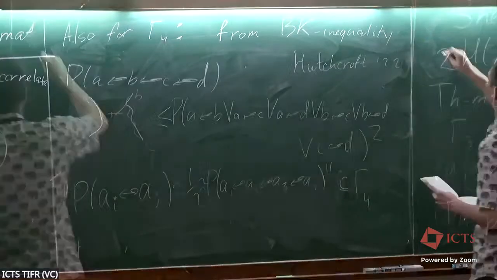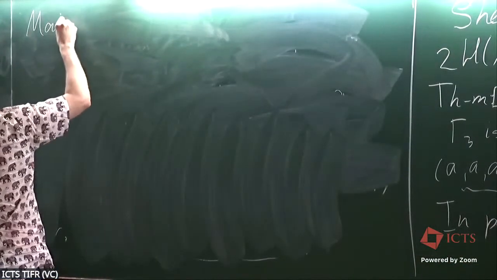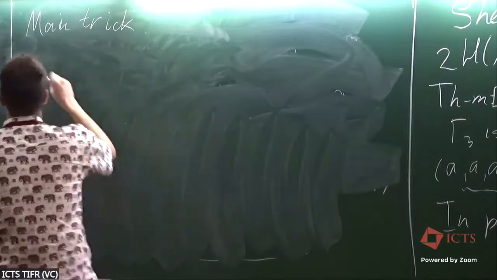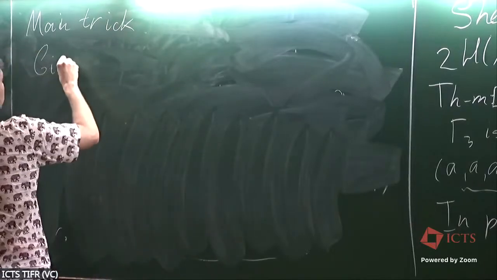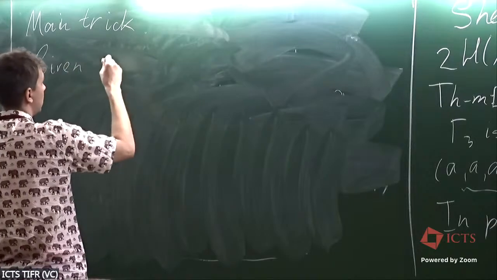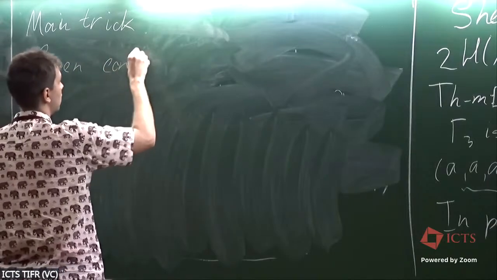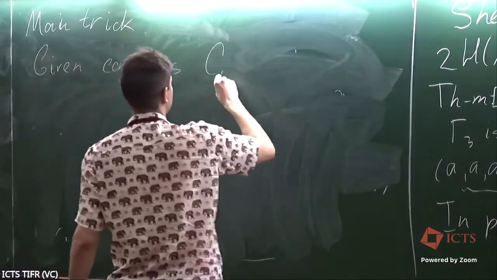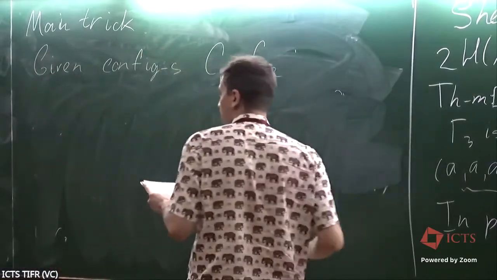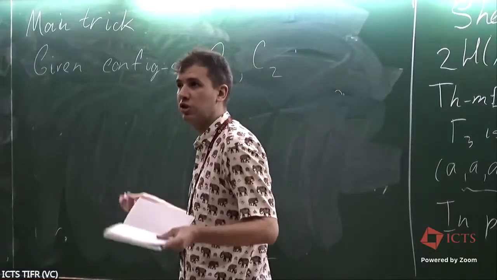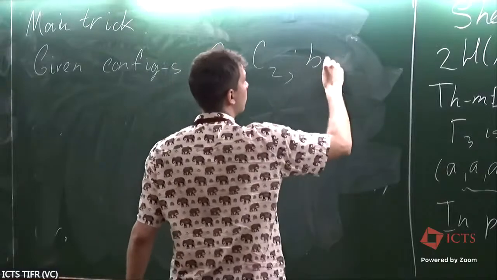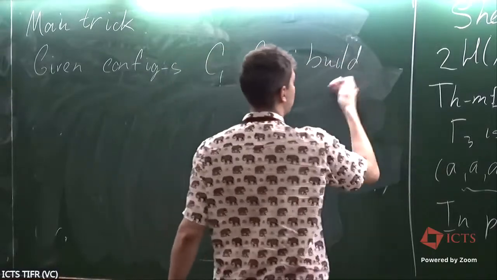So the main trick would be as follows. If you have 2 percolation configurations on graph G, C1, C2, you can build other Bernoulli configurations on the same graph using exploration.